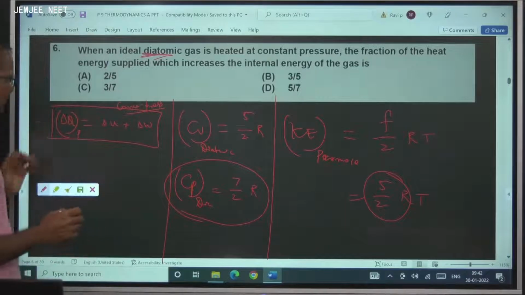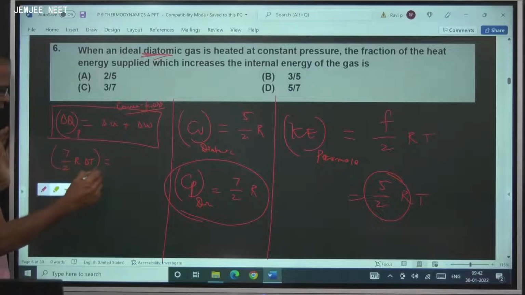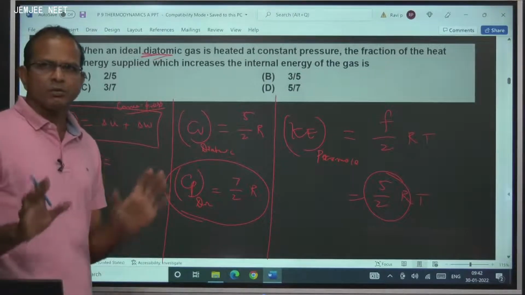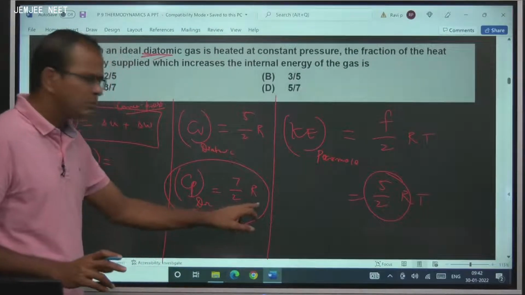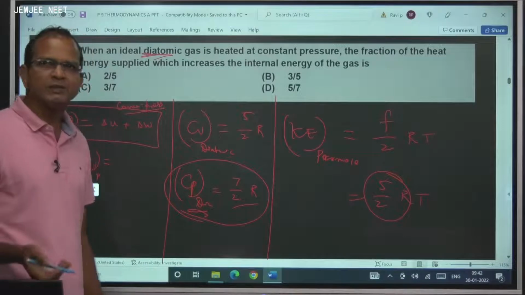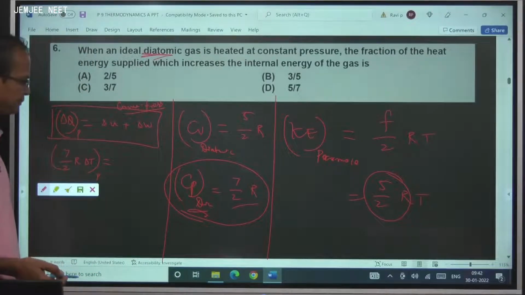Yes, Cp, which is 7/2 R delta T, is the heat supplied at constant pressure. Your diatomic gas has Cp of 7/2 R; specific heat multiplied by temperature change is the heat supplied, right? Any doubt? No, sir.